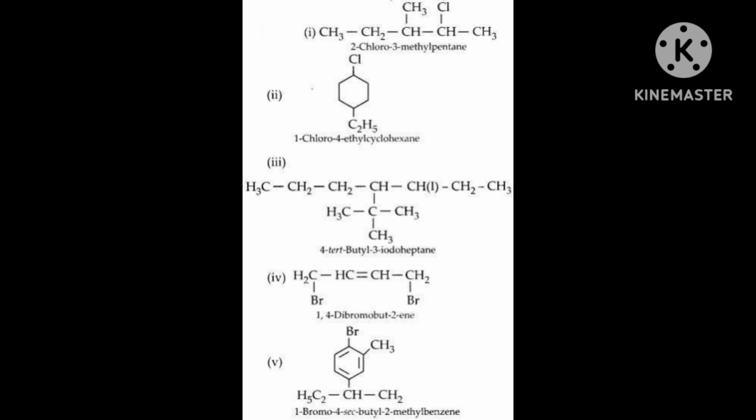Free radical chlorination or bromination of alkanes gives a complex mixture of isomeric mono and polyhaloalkanes, which is difficult to separate as pure compounds.